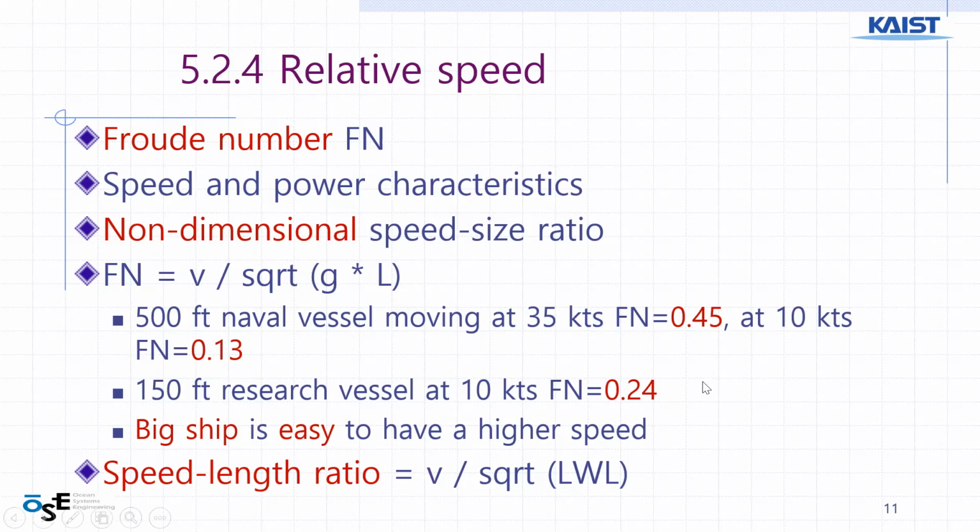At the bottom part of the slides, they are saying speed-length ratio. That is similar but different. The speed is divided by the square root of length only. There is no gravitational G coefficient, and the unit is different. In old days, they used knots for speed and feet for length.